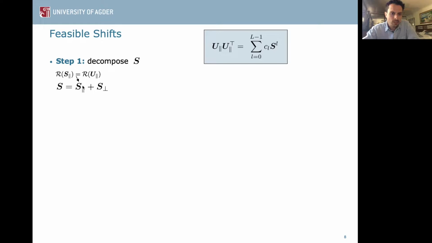The first one is such that its columns span the signal subspace, and the columns of the second one are orthogonal to the signal subspace.